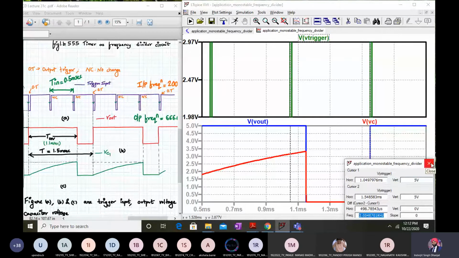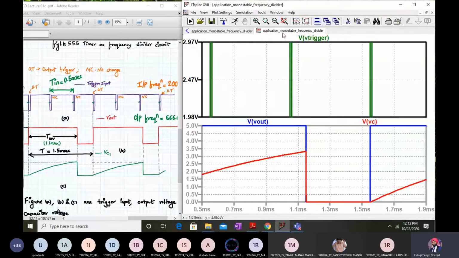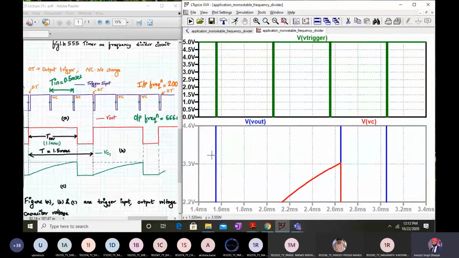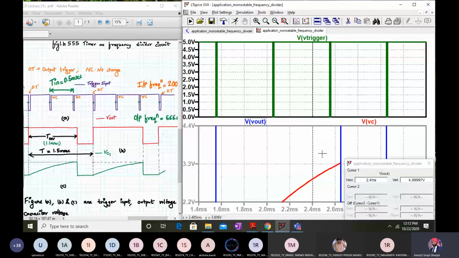Hence the frequency of my input trigger pulse is 2 kilohertz. Now I will check the on time of my output waveform. Let us check from the second cycle. So this is my on time. Let me check that now. My on time should be 1.1 millisecond as per the design, right?